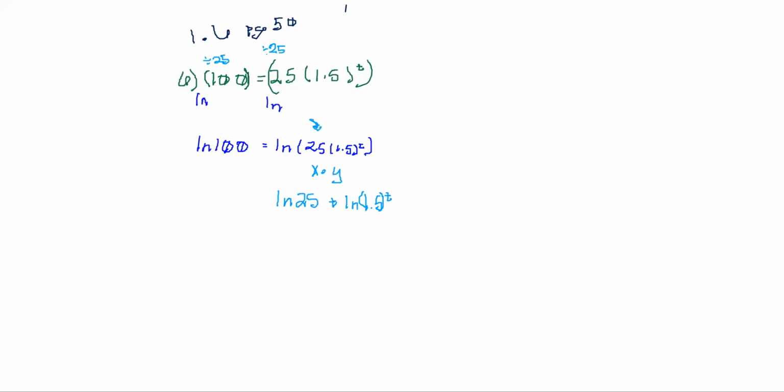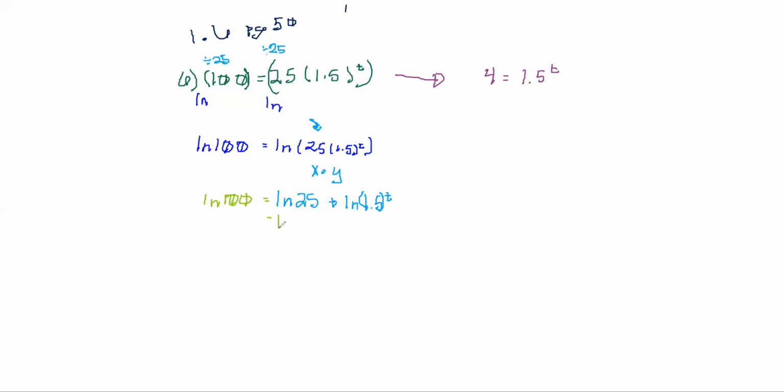So let's do 2 lines of thought. Here we'll have 4, and here we'll solve it the way that I did, which admittedly now is more complicated and unnecessary. So this is still the natural log of 100.